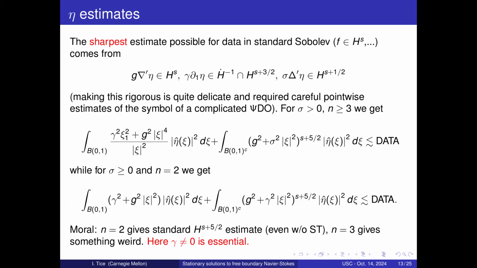Okay, so in dimension 2, there's one other thing that I should point out here, and it's a technical miracle in 1 dimension, which is that any derivative is an elliptic operator in 1D. So if you stare at these things in 1 dimension, these equations are of equal strength. And what that means is that in 1D, I don't need to rely on the surface tension to do the heavy lifting at high frequencies.